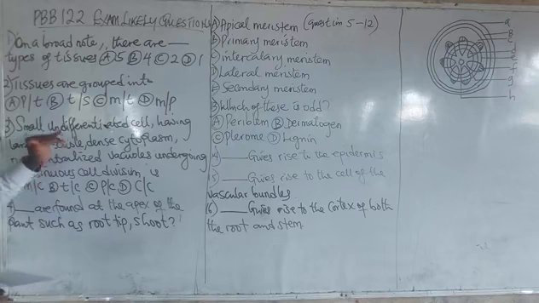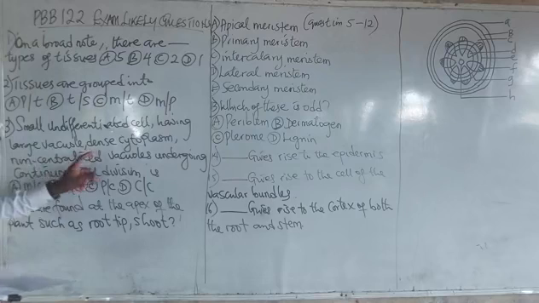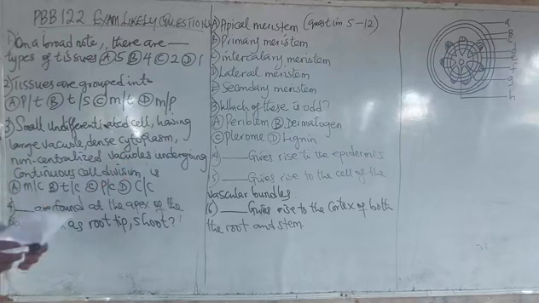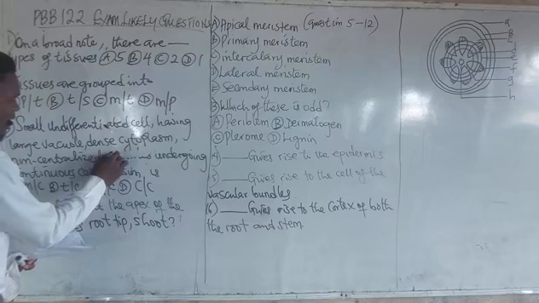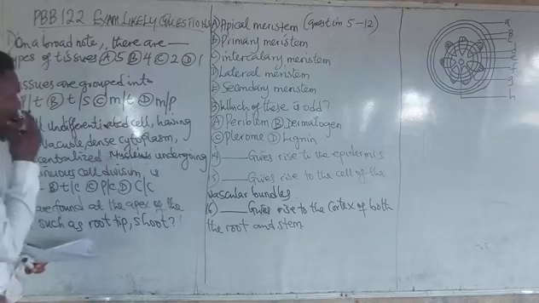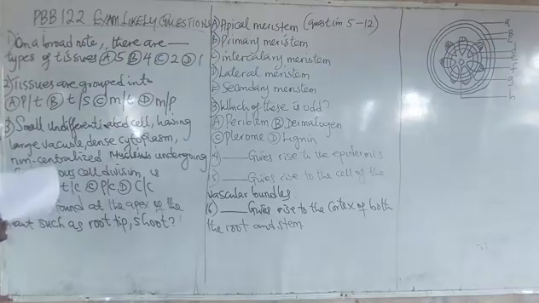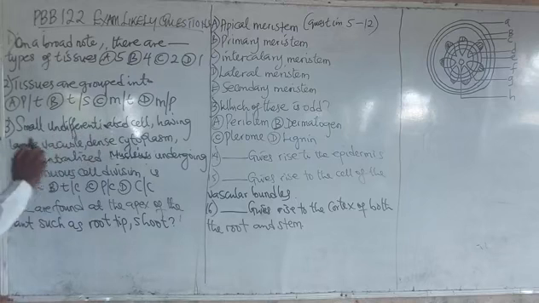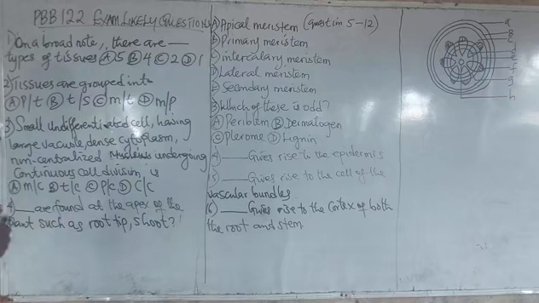Number 3, small undifferentiated cell having large vacuole, dense cytoplasm, non-centralized nucleus undergoing continuous cell division.